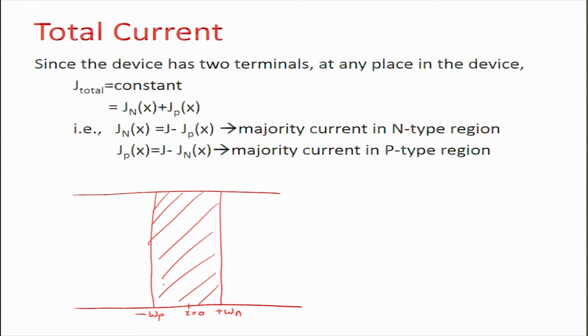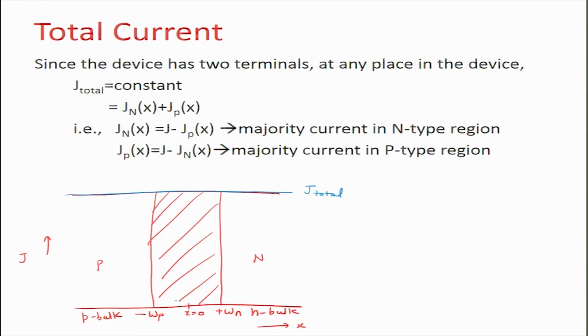If I plot J on this axis and on this axis I have x, the distance, this is the p bulk region, this is the n bulk, okay. So, this is p, this is n, and this is somewhere the depletion region. So, if I just change the color, I am saying that this is J total, alright.